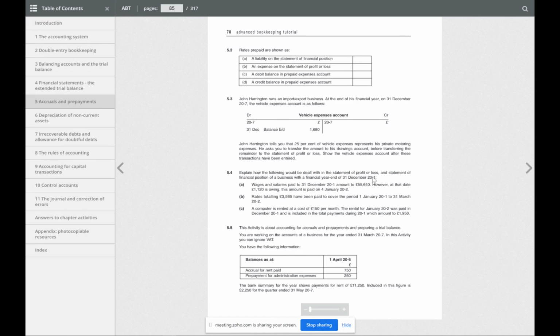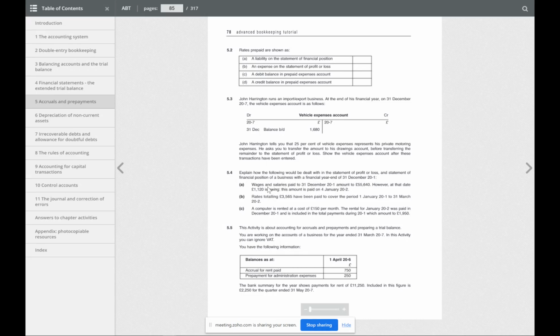We paid this figure, but this figure we have not paid, though it was due to be paid by 31st December. So for the statement of profit or loss, we will have to add this figure to 55,640. So 1,120 will be debited to the P&L account.